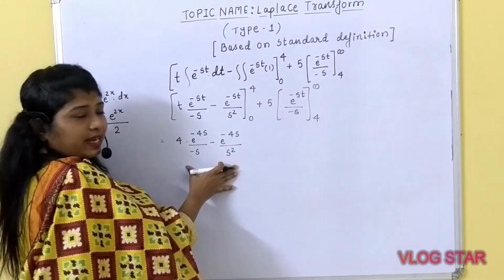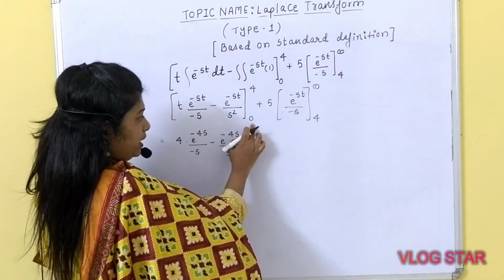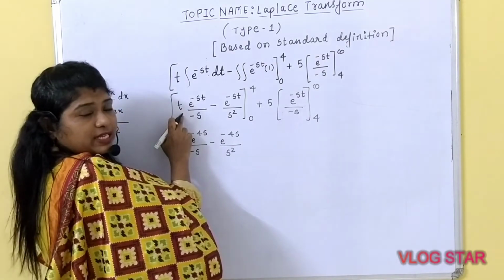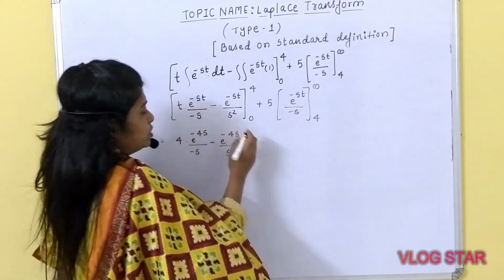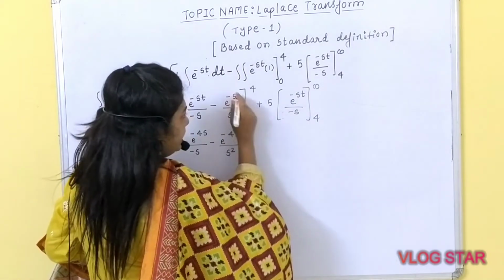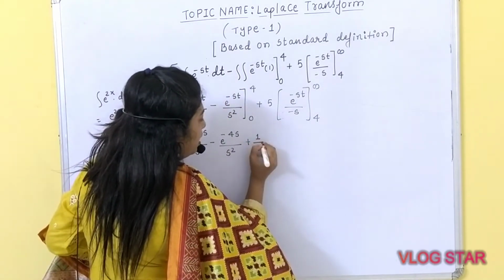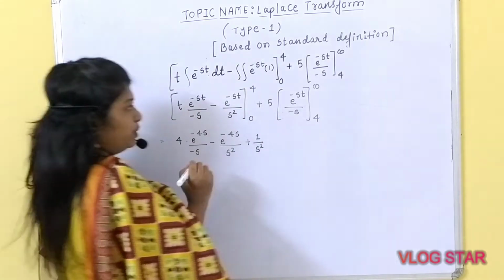Upper limit is done. You have to substitute the lower limit. If you are going to substitute t equal to 0 over here, this term will get cancelled. Minus of minus plus, anything raised to 0 is 1, upon s square. Okay.